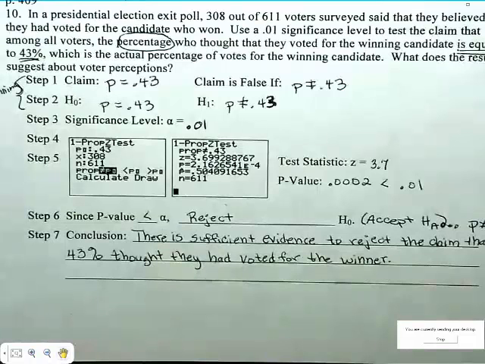This is the hardest question of all. What is that saying about voter perceptions, about what they think? It just means they're not good at predicting the winner. Voters aren't good at predicting who won, because 43% actually voted for the winner, but something other than 43% said they voted for the winner.